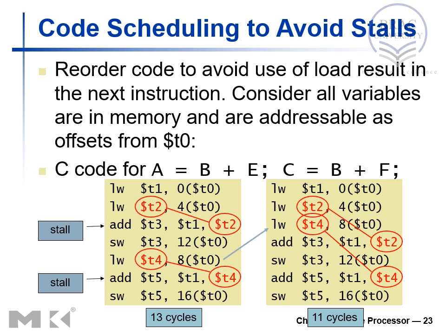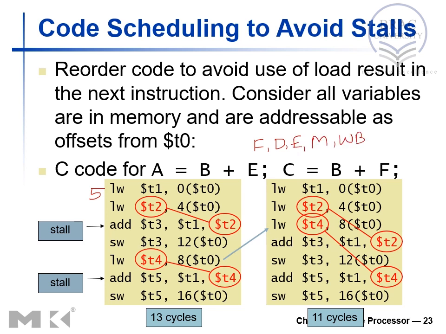This slide shows the number of cycles that we may need and how we can reduce the cycles by rearranging the instructions. So if we see here, the first load would take 5 clock cycles, because any instruction needs to go through fetch, decode, execute, memory operation, and write back.